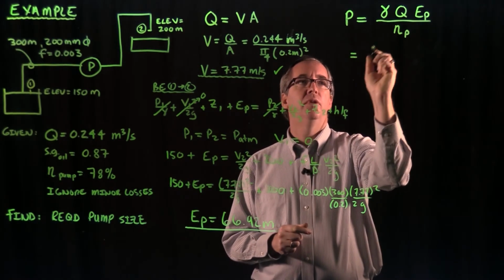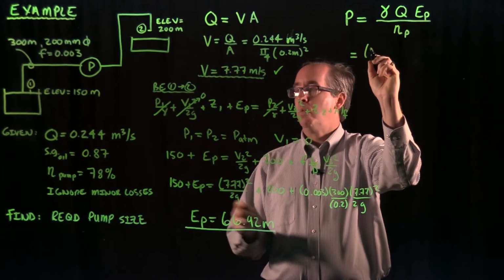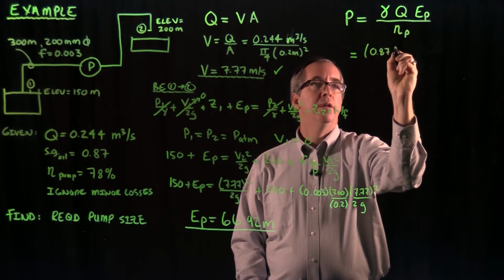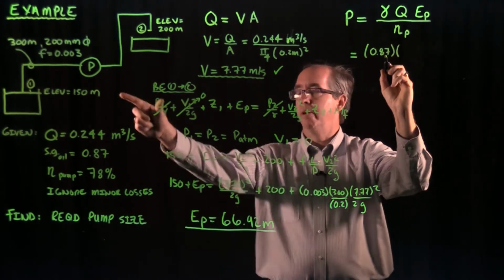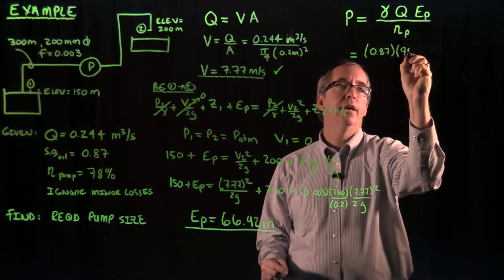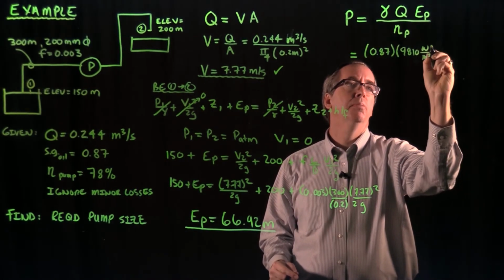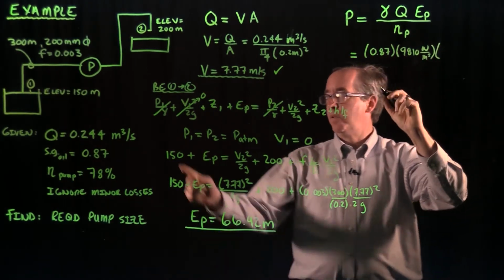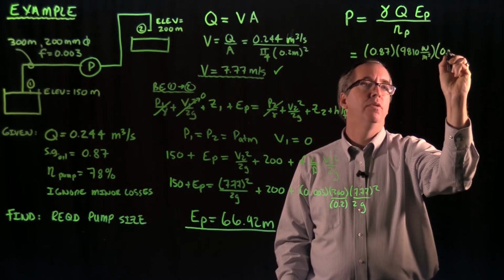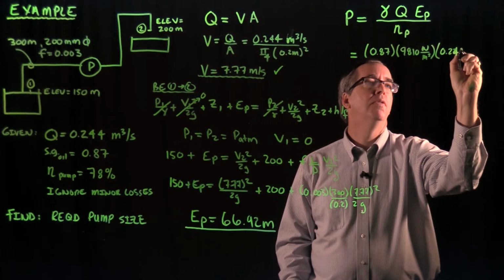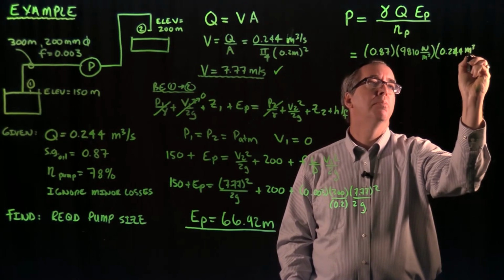So let's go ahead and substitute the terms in here. We've got oil, which has a specific weight of 0.87 times that of water. We're dealing with metric, so that would be 9810, again newtons per meter cubed. Our flow rate was given to us at 0.244 meters cubed per second.